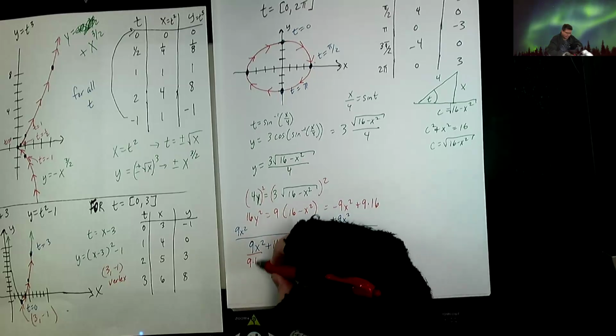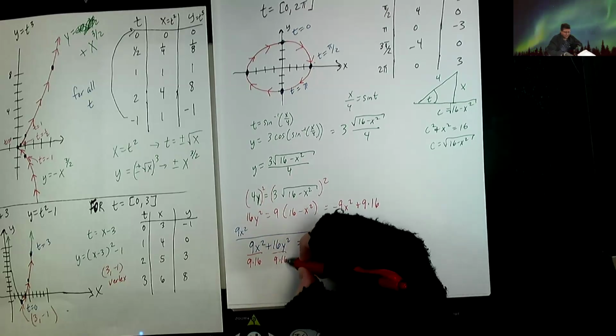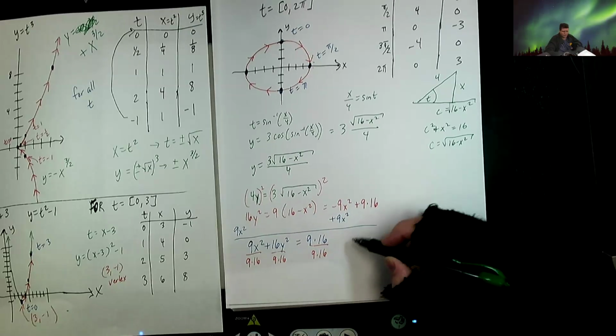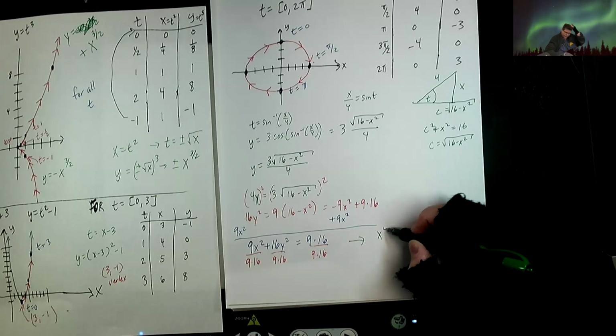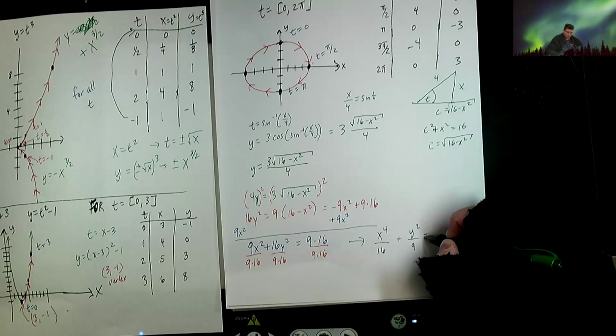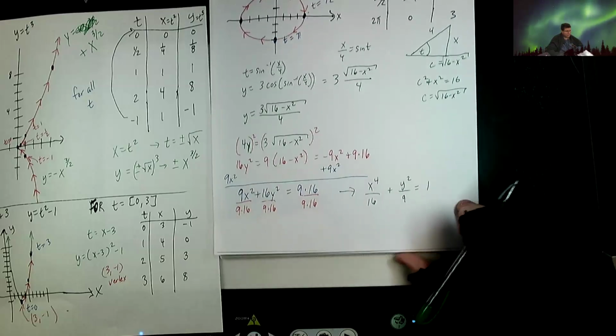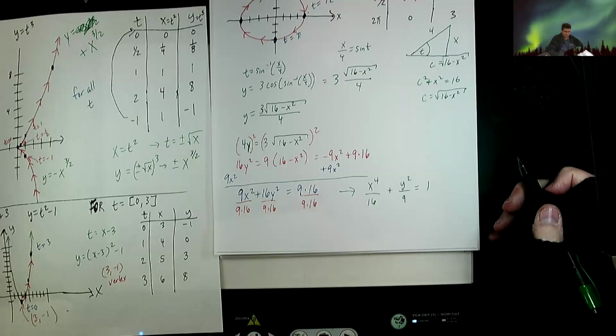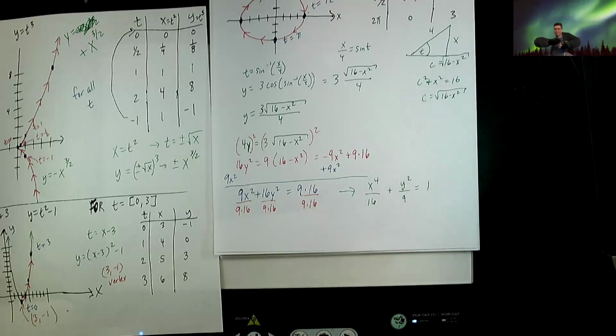And divide everything by 9 times 16. And we get x squared over 16 plus y squared over 9 equals 1. Which gives us the equation of the ellipse we had above.